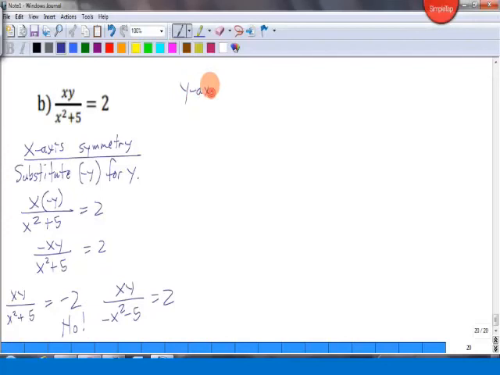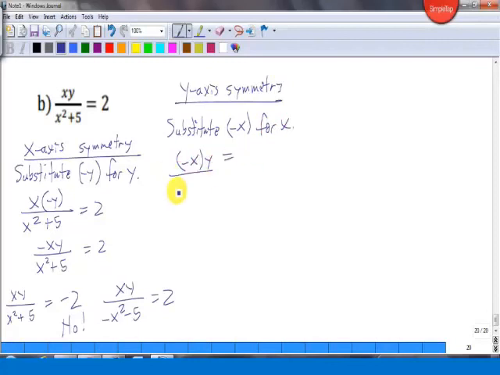Let's check for y-axis symmetry. Begin by substituting negative x for x, wherever we see an x. Negative x times y over negative x quantity squared plus 5 equals 2. The numerator is the same as what we got before: negative x times y equals negative xy.